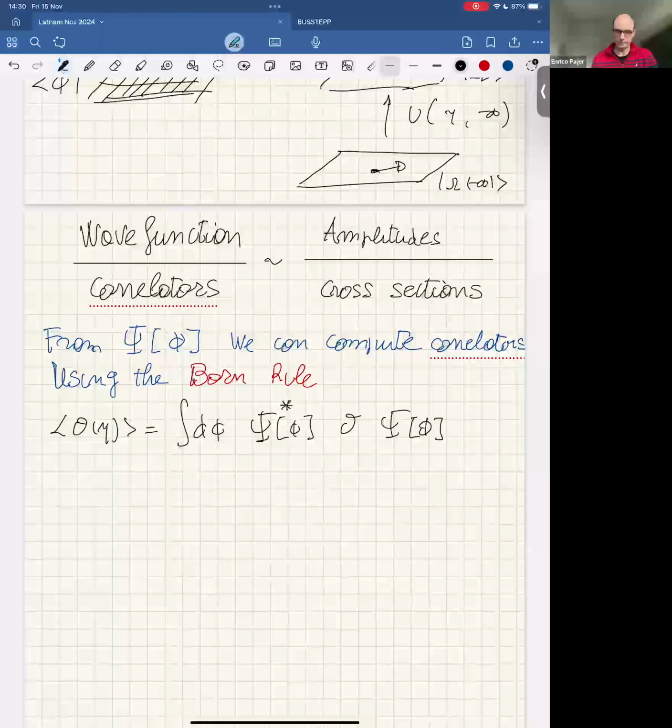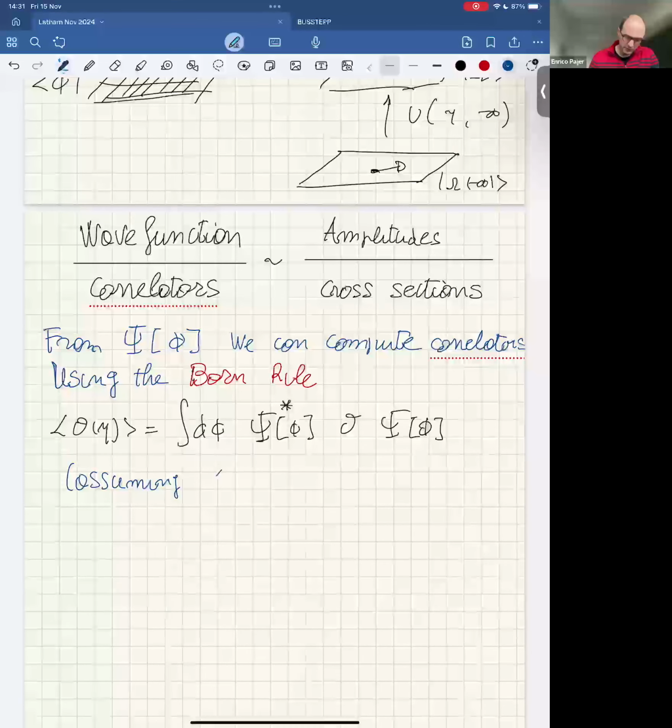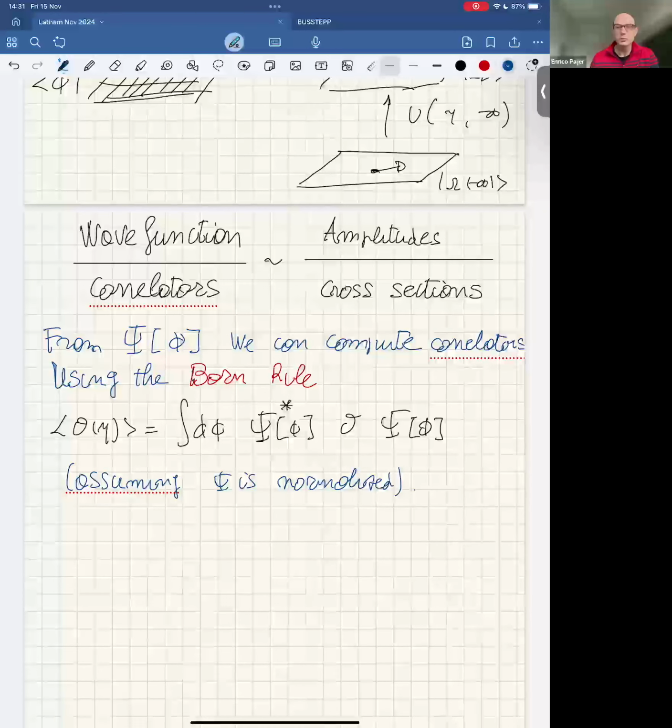We have a star here. Okay, so this is assuming psi is normalized. Otherwise, you simply divide by the norm.